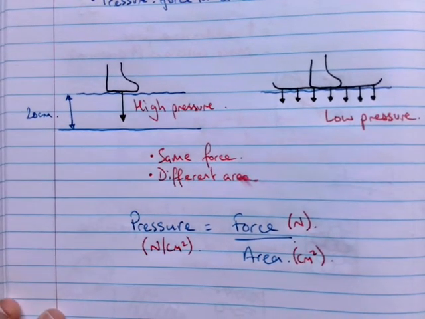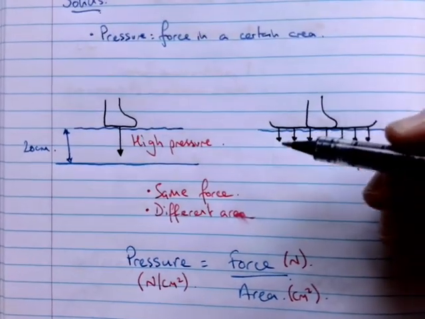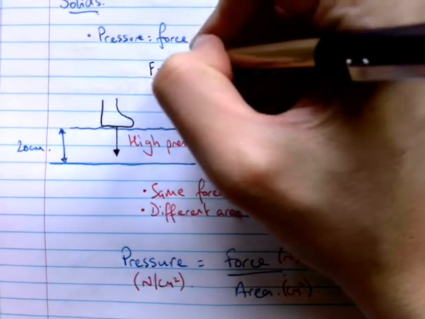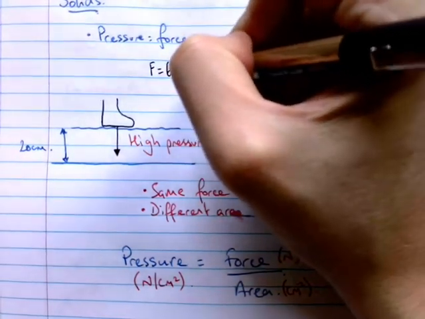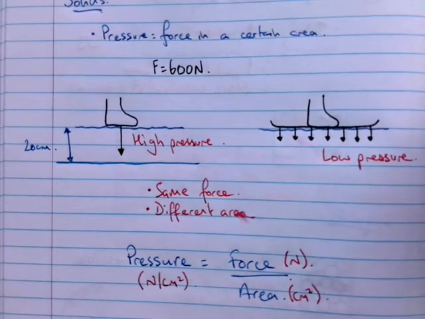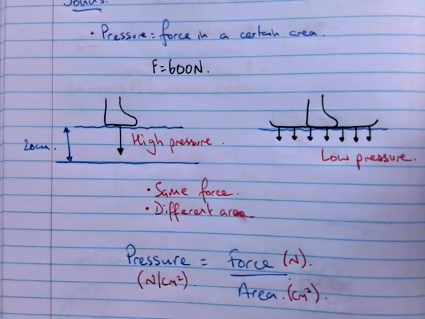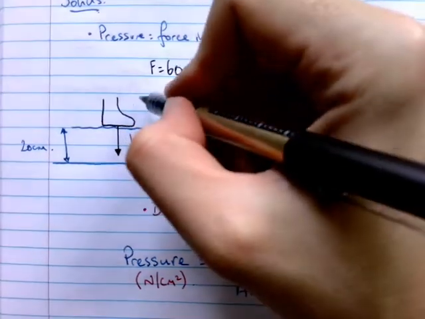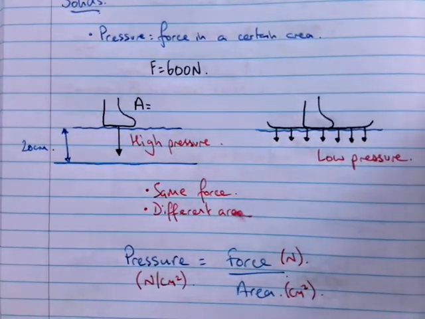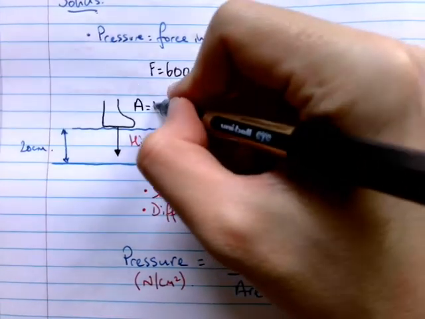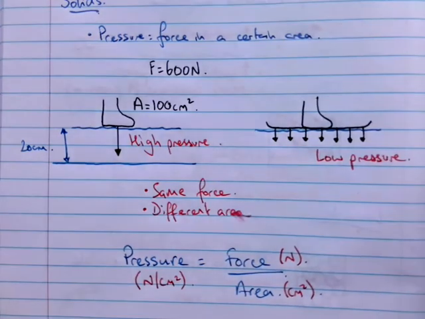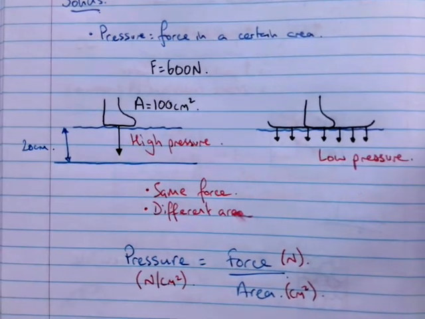All right, let's say that you have a force of 600 newtons. Okay, that might be a little bit generous, but it's fine. Now here we can say that the area of your foot is 100 centimeters squared, which roughly is 10 centimeters by 10 centimeters.